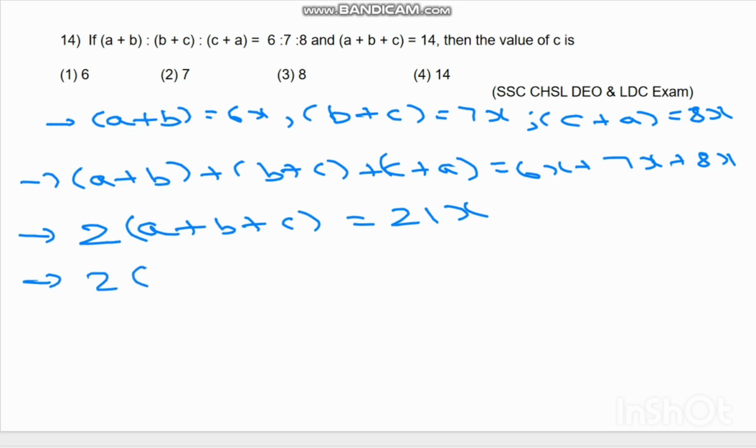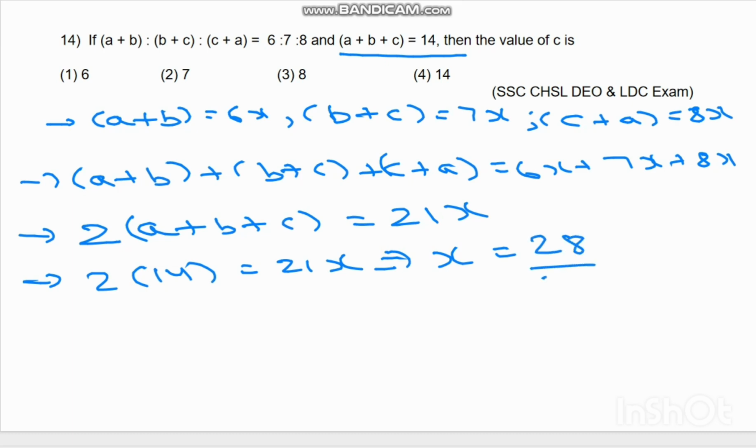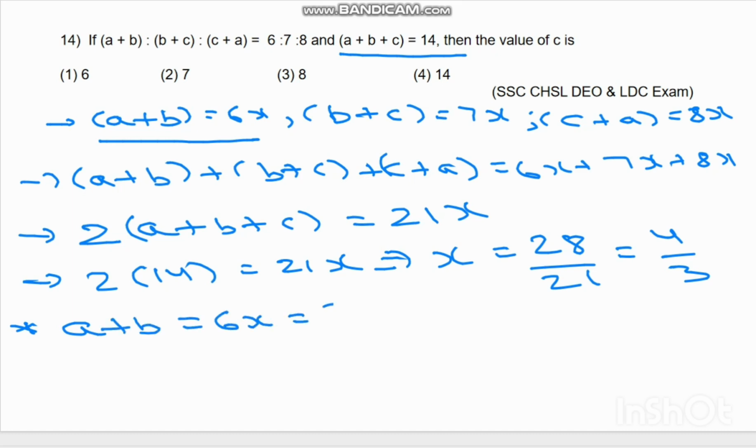So here given that A plus B plus C equal to 14 equal to 21x. So x equal to 28 by 21 equal to 4 by 3. So given that A plus B equal to 6x equal to 6 into 4 by 3 equal to 8.